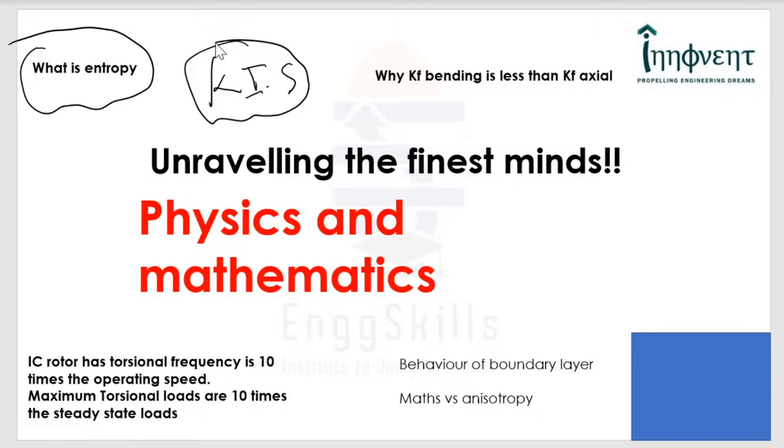So if I give an earnest thermodynamic definition for entropy, people may not understand, and that is where you have to have maximum clarity on your understanding and then put it across in a way that anybody can understand. Now, certain questions can be why Kf in bending is less than Kf in axial, which simply depends on the stress distribution across the cross section.